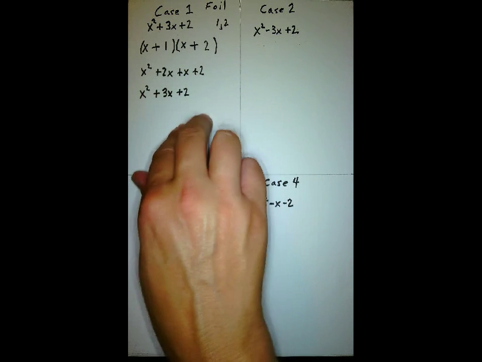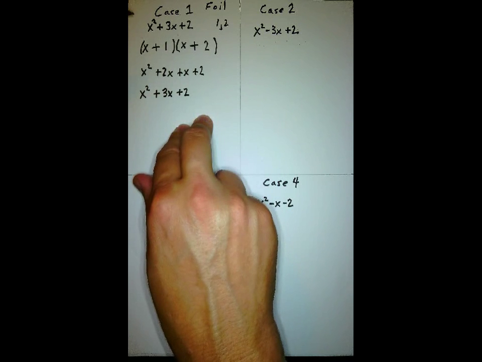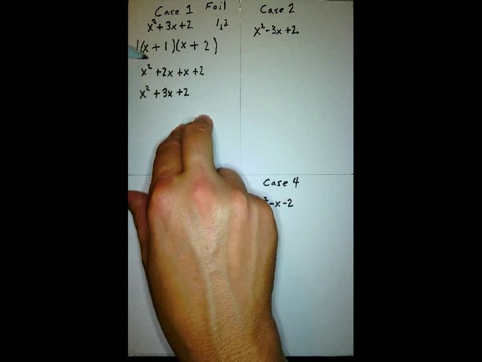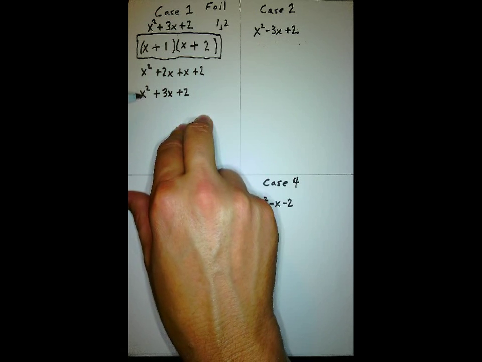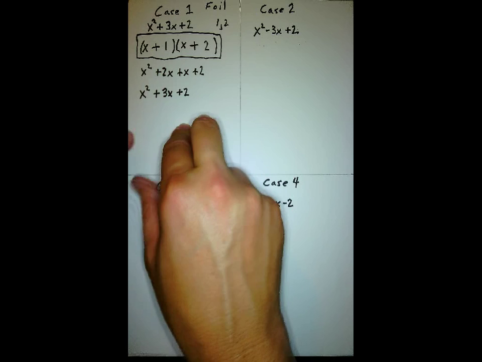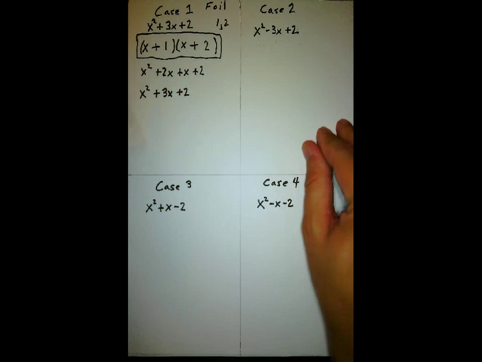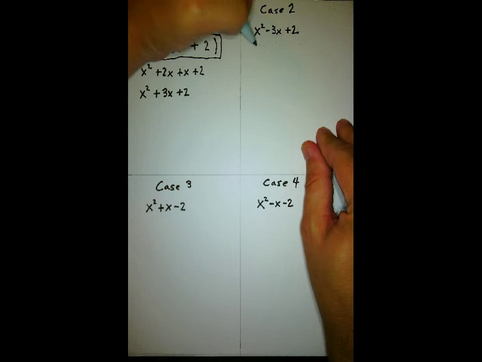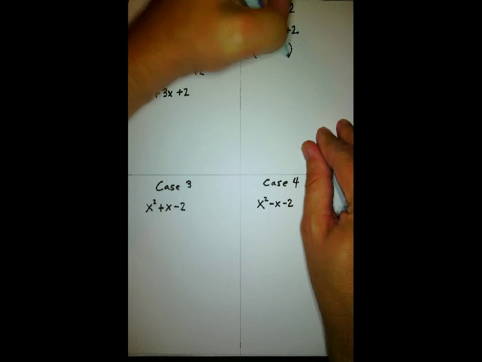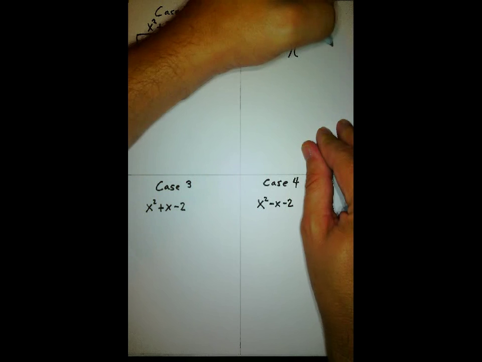I'm just using this to check and make sure our answer is correct. So this was what we got when we factored, and this is the answer we get when we multiply this back, and it matches this. So it looks like we did it correctly. Alright, but again, our purpose here is to learn how to read the signs. So let's go on to case 2.